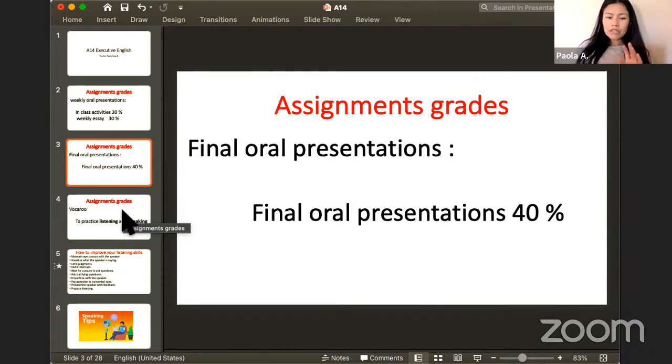It's going to be something quite simple, where you have to listen to something and then talk based on that. So we're going to practice listening and then speaking.